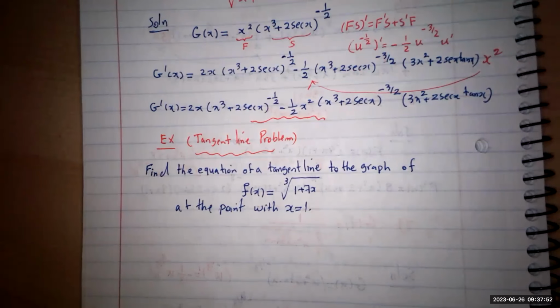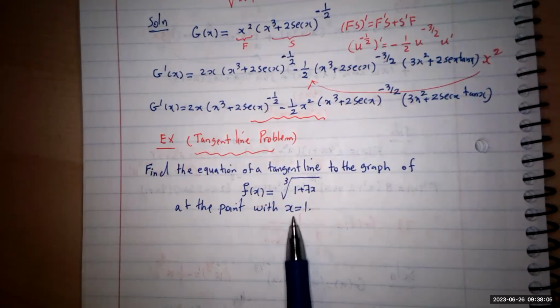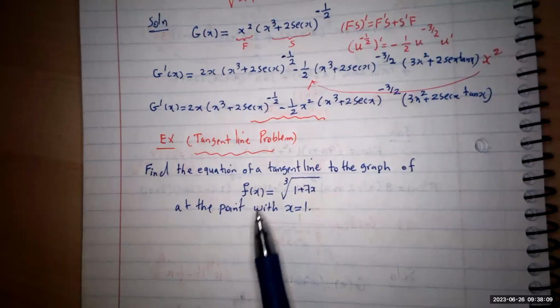It's like the one that you did before, but your function is different. You know that you have 2 steps. Step 1, of course, we need a point. The x coordinate is given, x equal to 1. As usual, we plug into the equation of the function, and that gives you the y coordinate.